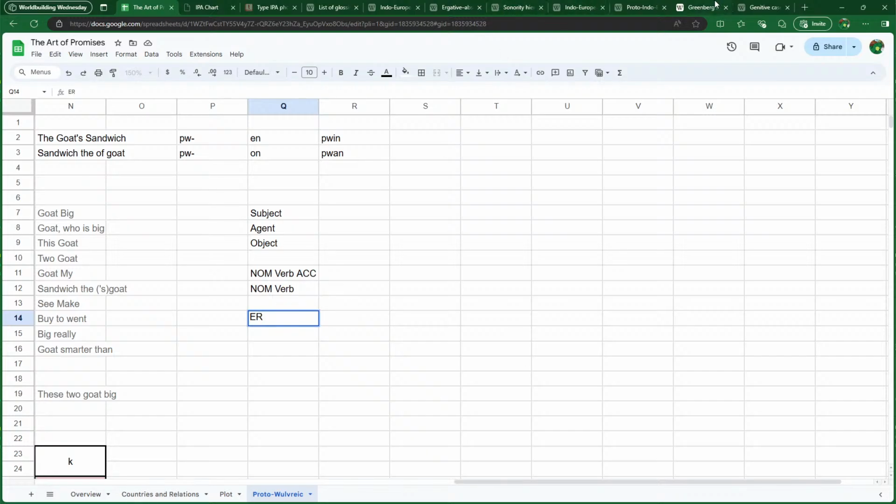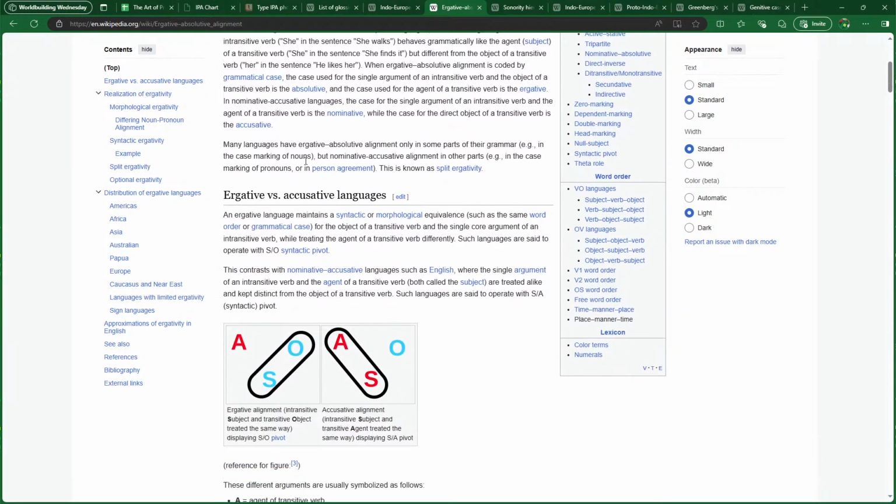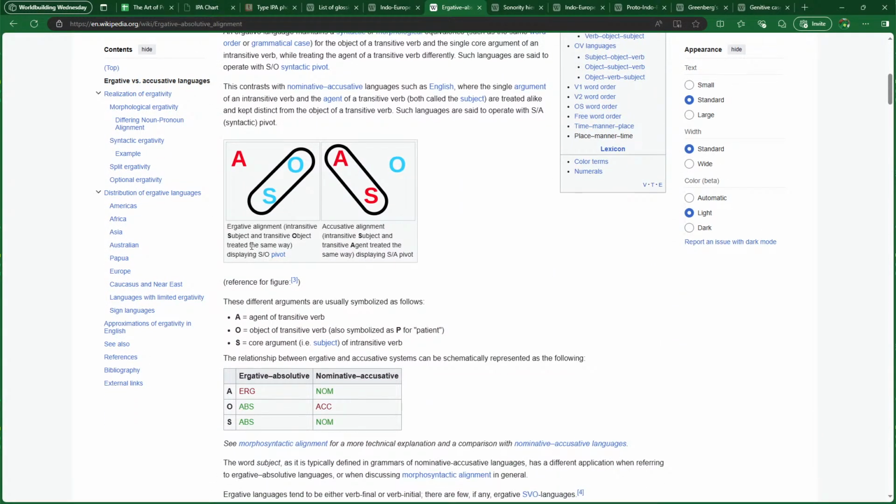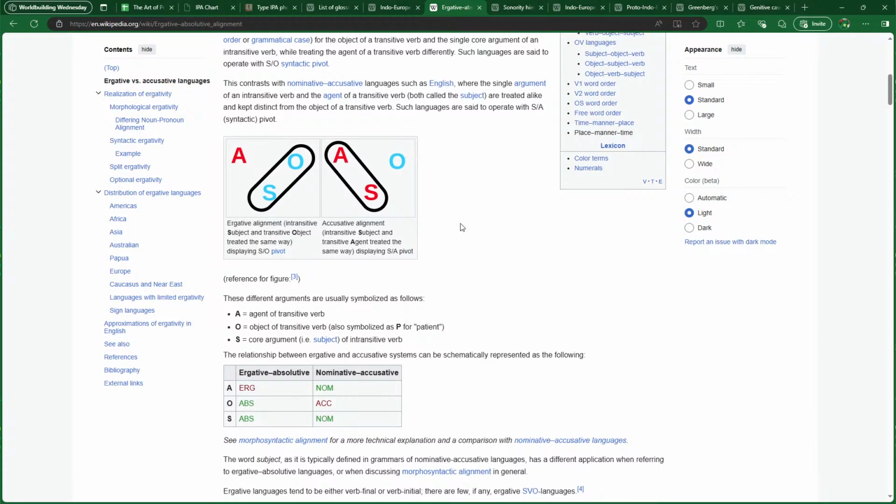Wait, hold on. Let me make sure I'm getting this right. Ergative absolutive, yeah. Absolutive. So subject and transitive object are treated the same way. In nominative accusative alignment, the subject and agent are treated the same way.